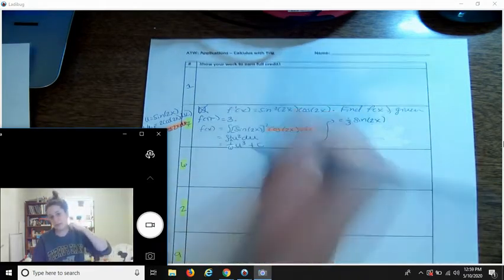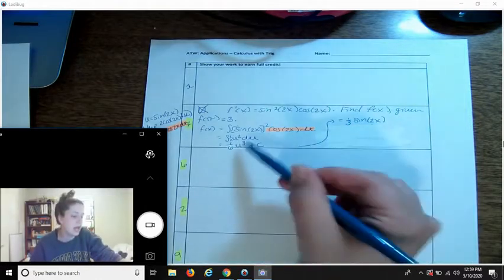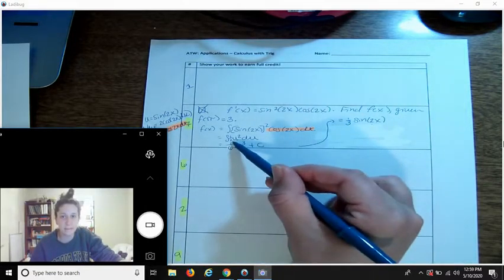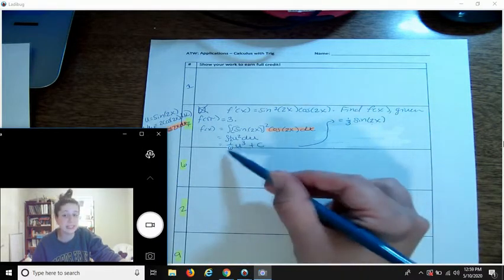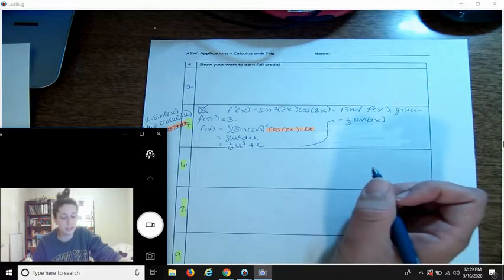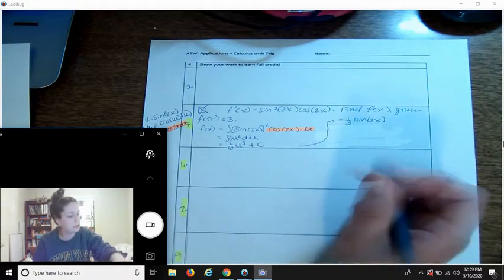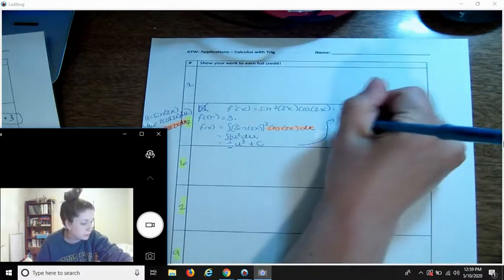So that guy should be 1/6 u cubed, okay? Because if I differentiated this, I would want a coefficient of 1/2 right there. And 3 times 1/6 is going to give me the 1/2 that I wanted. Okay, so then I would have 1/6 sine of 2x, okay?